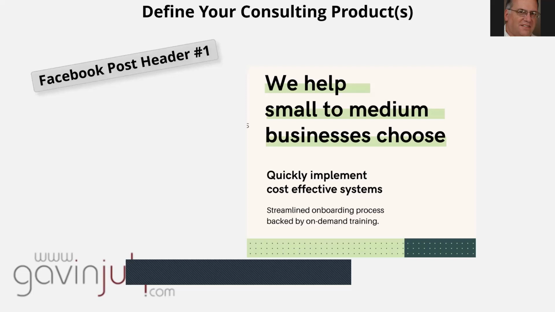Firstly, it's a Facebook post. Secondly, it's a Twitter post. And thirdly, it actually works rather well on Pinterest. And then you can also utilize this by adding it as a banner on your website.